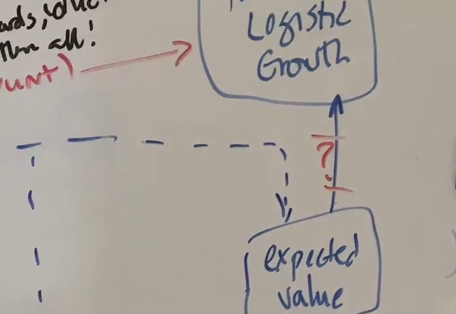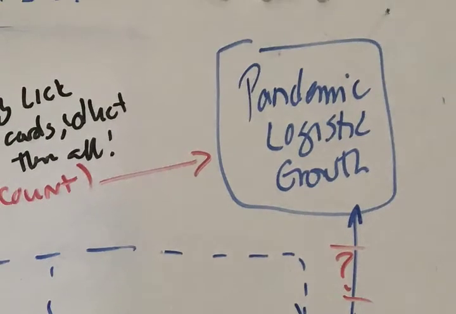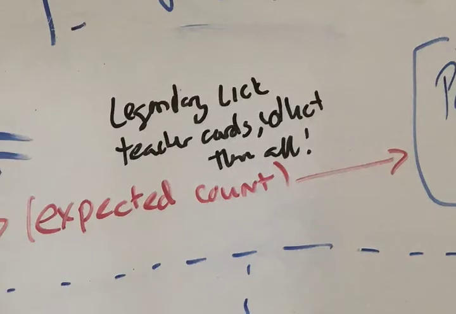This arrow goes up to pandemic logistic growth, an activity we probably have not got to yet. And here is this little thing that is talking about expected count in area model. That's where we get to pandemic logistic growth. But it's related to this problem we might do. And what this text says is, legendary Lick teacher cards, collect them all.